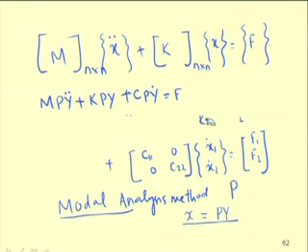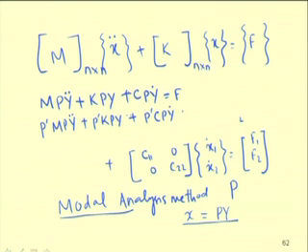Now, by pre-multiplying by P transpose, this equation will reduce to P transpose M P y double dot plus P transpose K P y plus P transpose C P y dot equal to P transpose f.